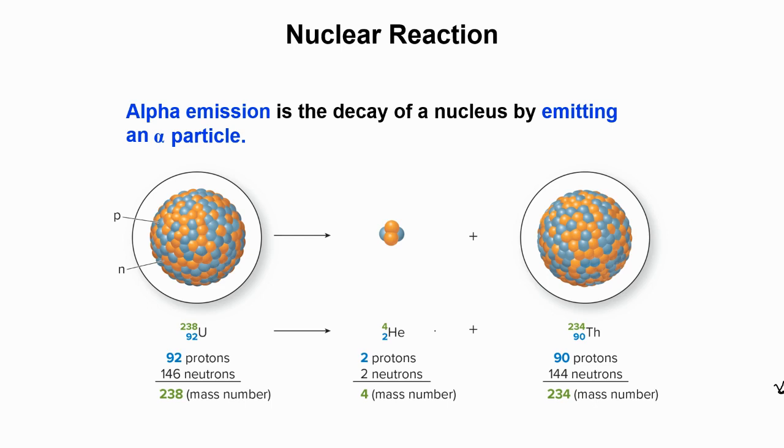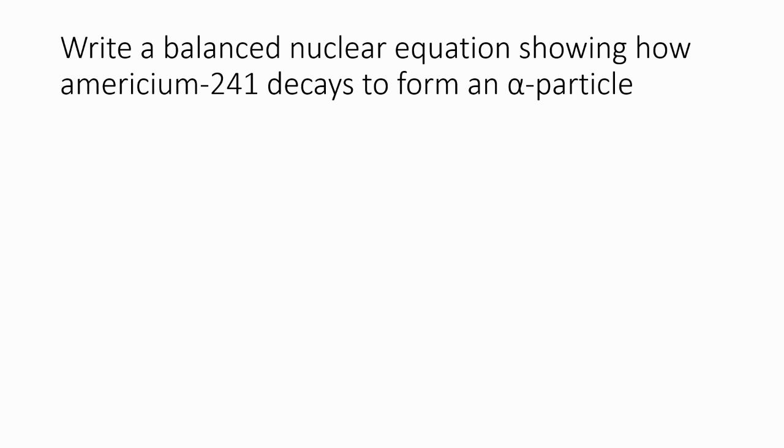Okay, questions on this? Okay. All right, go ahead and try this one. We have americium-241, and it's going to decay to form an alpha particle and something else. So write this out and figure out what also comes out of this nucleus if we get an alpha particle. And you should have the list of particles if you need that.